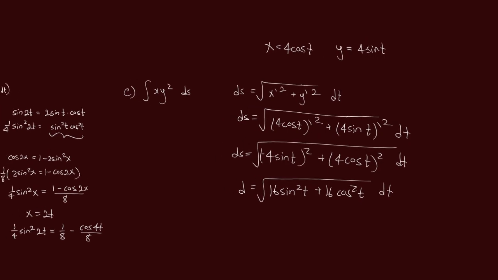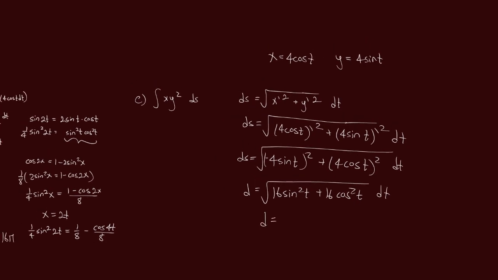Okay, and we can factor the 16, and sin squared t plus cos squared t, that's just 1. So it's just going to be 4 dt.